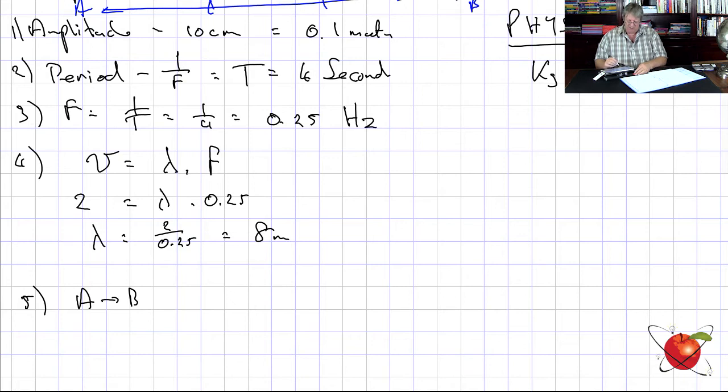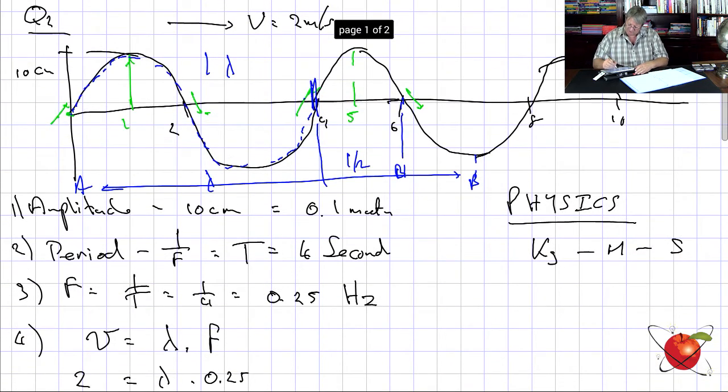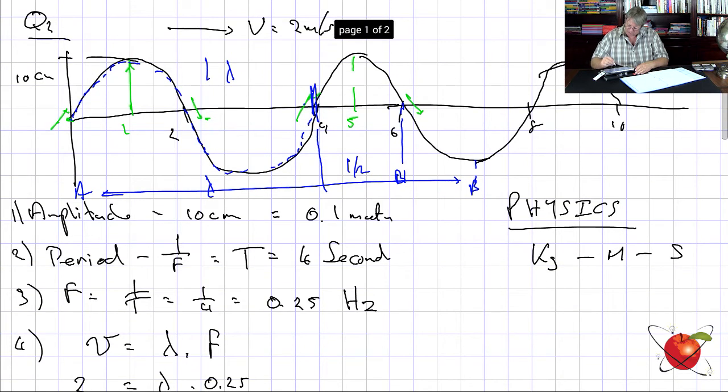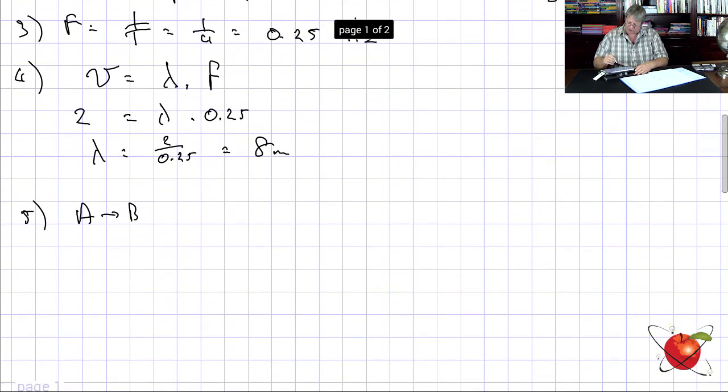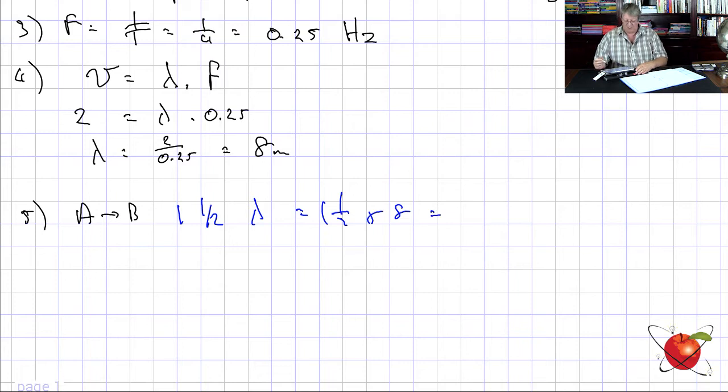If A to B shows to that point, let's say here, let's say B1 over there. Okay. That is 1.5 wavelengths. It's 1.5 lambda, which is 1.5 times 8. All right? So you'll basically take 1.5 times 8, all right, which is 12.